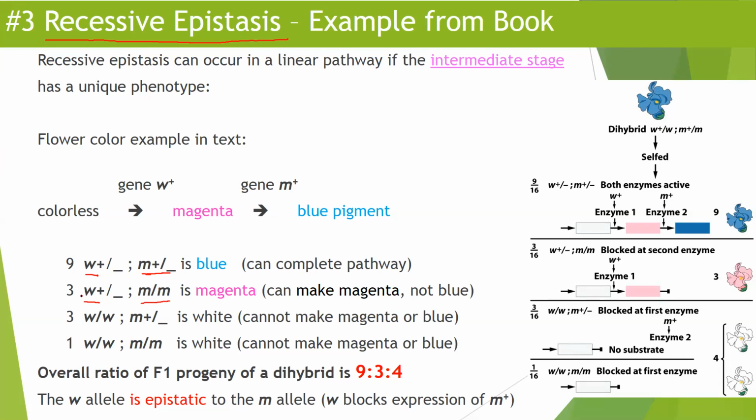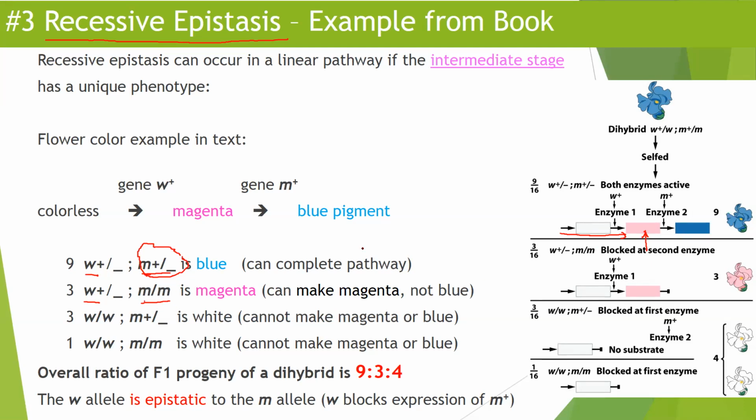Because only if the W gene is wild type, the first step of the pathway is okay. Then the first gene W can transform the colorless precursor into the pink intermediate product. Only if this is true, then the second gene can either work on this pink stuff if it is wild type, or it cannot.